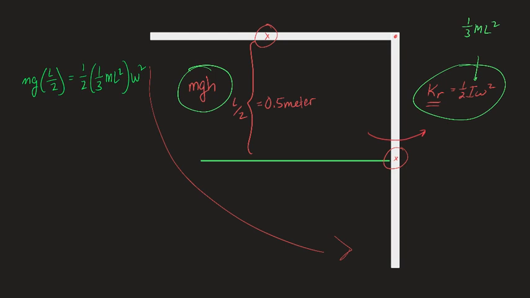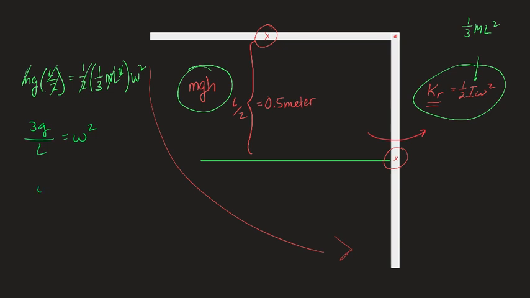Now, again, we can start canceling stuff out. Cancel one of the L's, cancel the half. A bunch of that stuff cancels out right away. And looks to me like we'll have 3g over L equals omega squared. I think that's what's left. Somebody should check my algebra, but I'm pretty sure that's right.